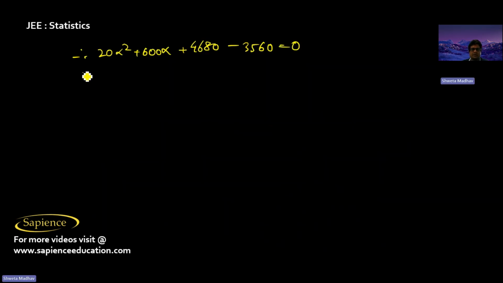So from here this is 20 alpha square plus 600 alpha plus 1120, that is equal to 0.